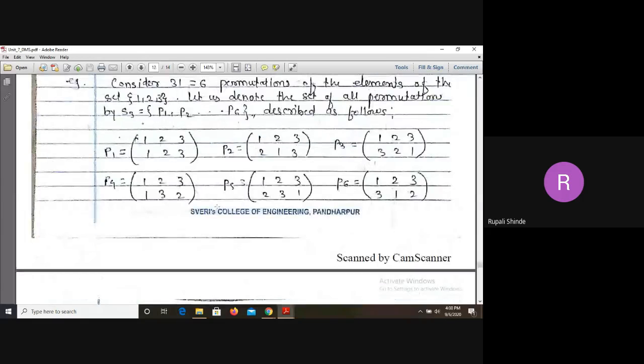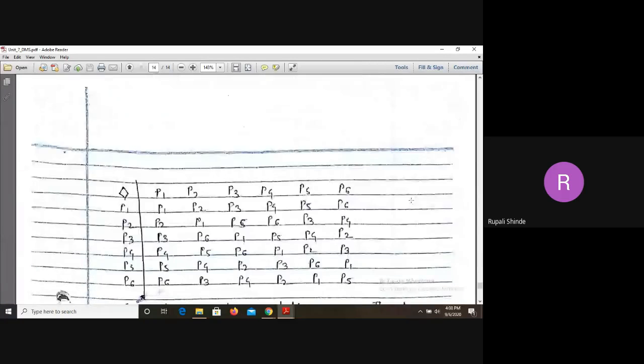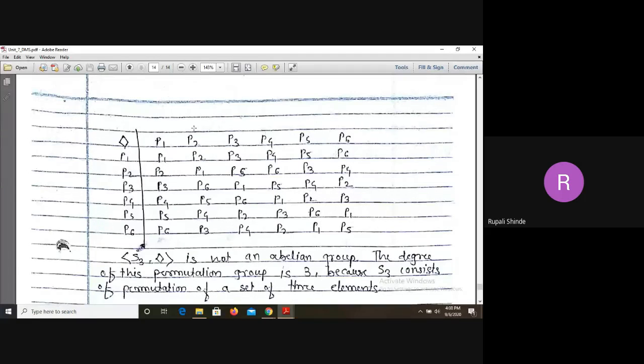Likewise, we can draw diagrams for P5 and P6. For P5, 1 is mapped into 2, 2 is mapped into 3 and 3 is mapped into 1. And for P6, there should be an arrow from 1 to 3, 2 to 1 and 3 to 2. So likewise, we can represent any permutation diagrammatically. After that, we have to form this permutation table.